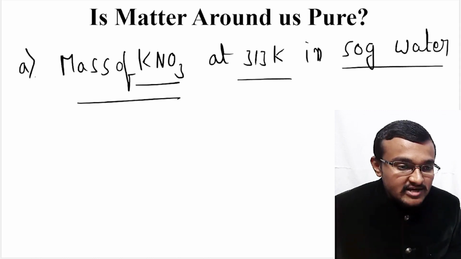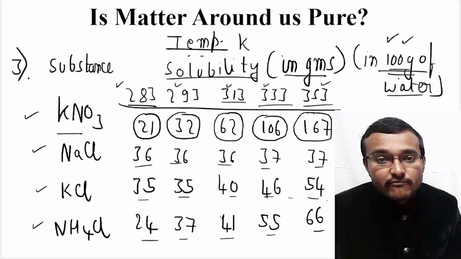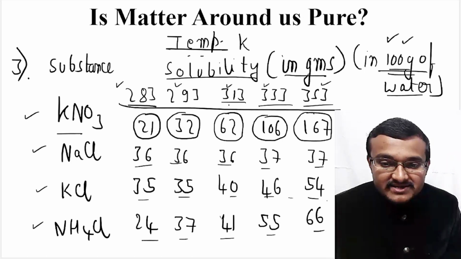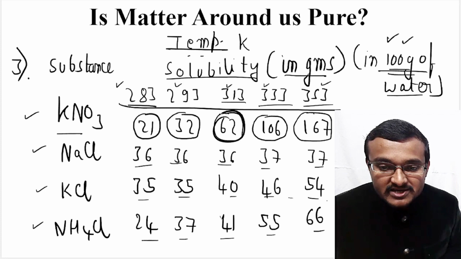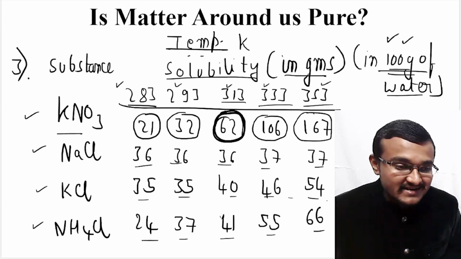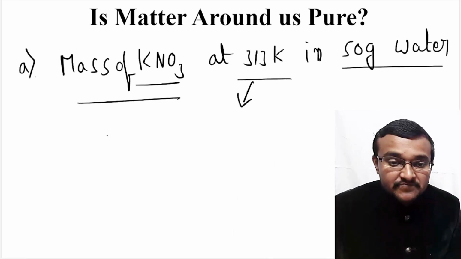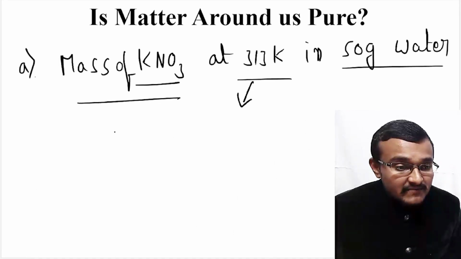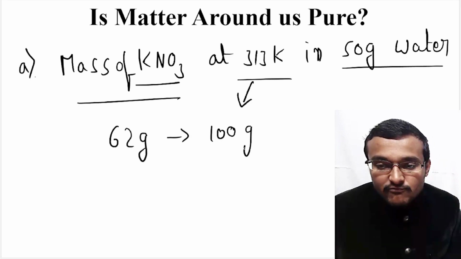Looking at the data, when you have 100 gram of water at 313 Kelvin, it can dissolve 62 gram of KNO3. So at this temperature, the mass of KNO3 will be 62 grams in 100 gram of water.